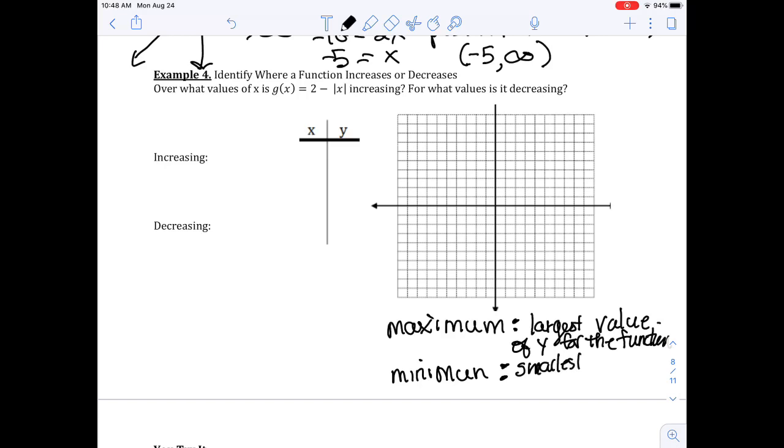Okay, and the minimum is going to be your smallest value of y. Okay, so maximum and minimum. So it says over what values of x, notice over what values of x, so it's going to tell you, is the function increasing, for what values is it decreasing. Go ahead and make a t-chart and plot those points.